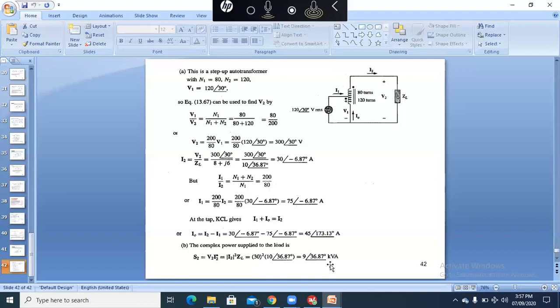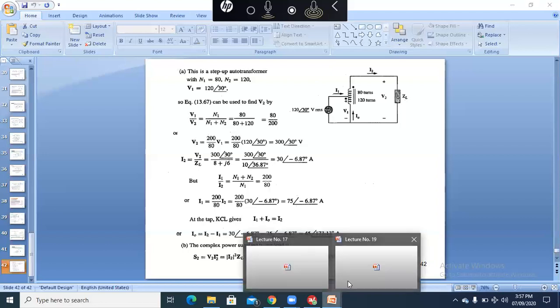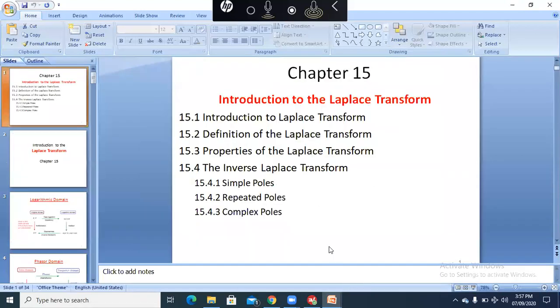So by this we have completed chapter number 13, and we will start chapter number 15 today. So in chapter number 15, we learn the Laplace transform and its application for circuit analysis.